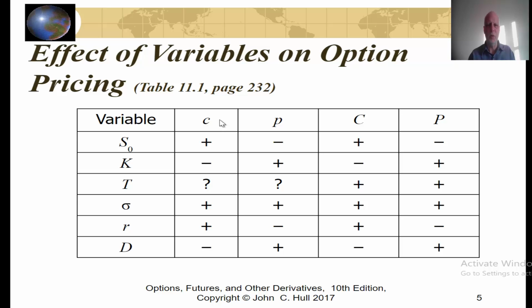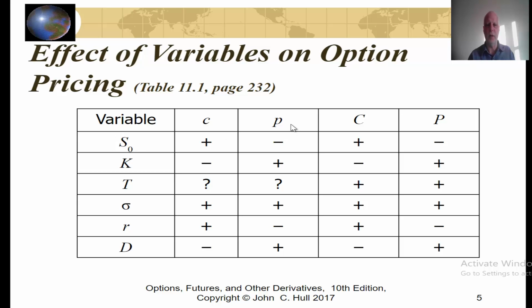For a call option, you get to buy at the strike price K and sell at whatever the stock price is. So for a call option, whether European or American, you want K to be as low as possible, therefore it's negatively correlated with K, the price you get to buy at, and you want S to be as high as possible, since that's the price you get to sell at.